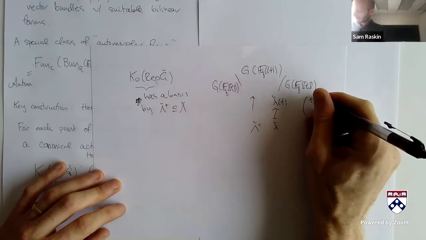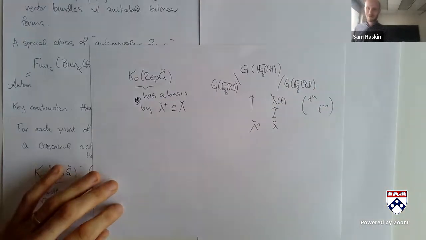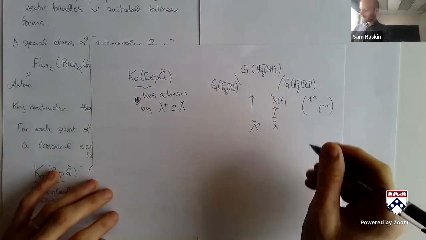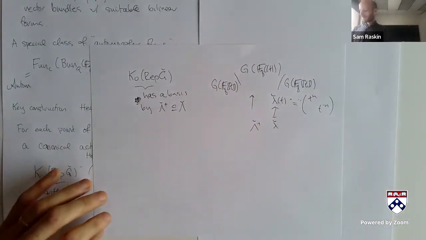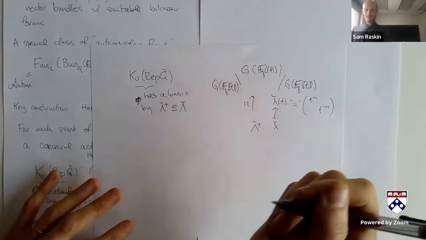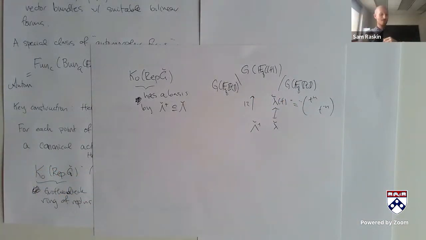So this might be something like t to the n, t to the minus n for SL2. Putting this a little heuristically. And this map turns out to be a bijection. This is called the Cartan isomorphism. And for GLN, it has some basic name that I'm forgetting.